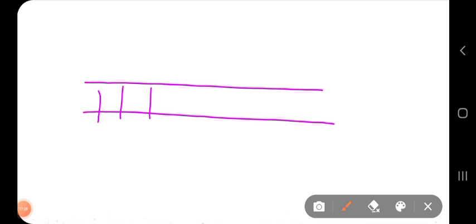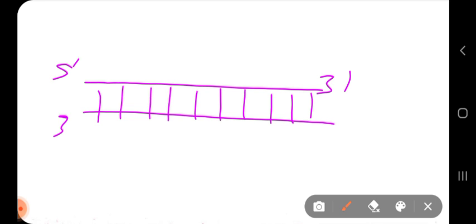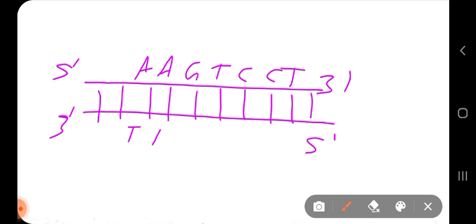Suppose these are the base pairs, 5 prime, 3 prime, 3 prime, 5 prime. The gene sequence is AAGTCCT. Similarly, the opposite strand will be TTCAGGA, right?